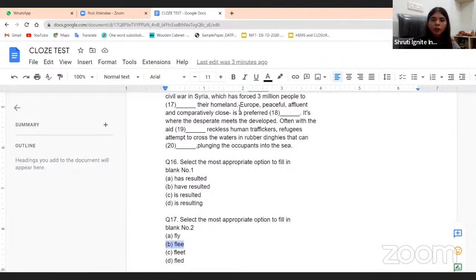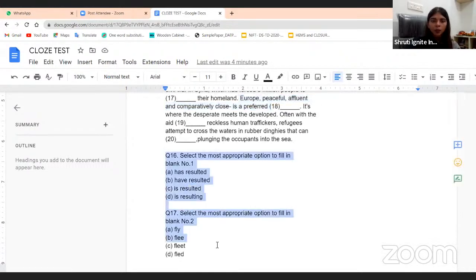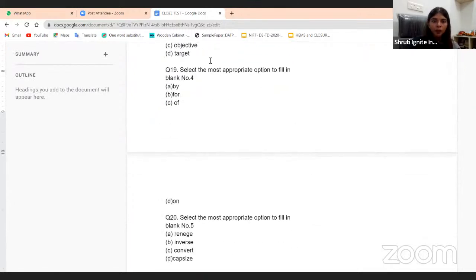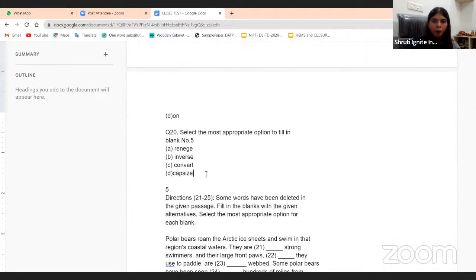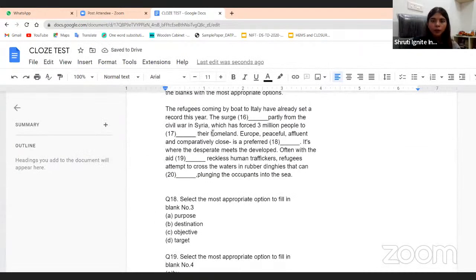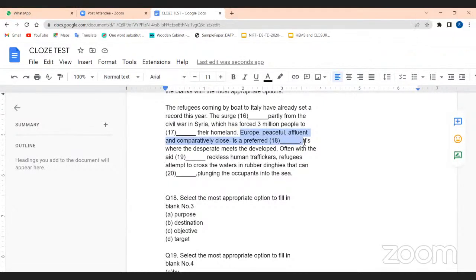Now next one. Europe, peaceful, affluent, and comparatively close is a preferred dash. Destination.